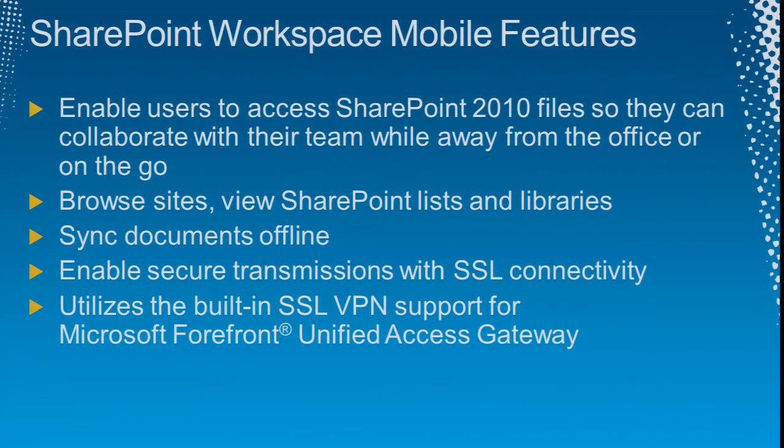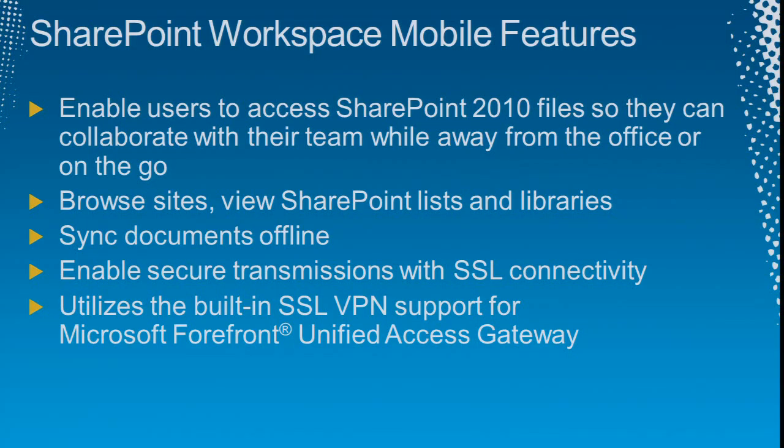So this is very similar to publishing Exchange ActiveSync on the internet. This allows a way for you, via SSL VPN, using UAG or a forms-based auth mechanism, to connect back to your SharePoint and open up documents, share documents, post back documents, and so forth.